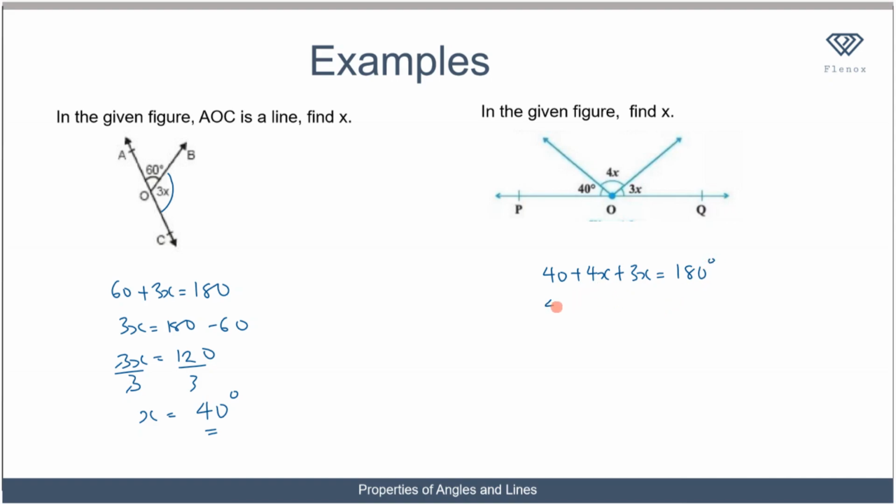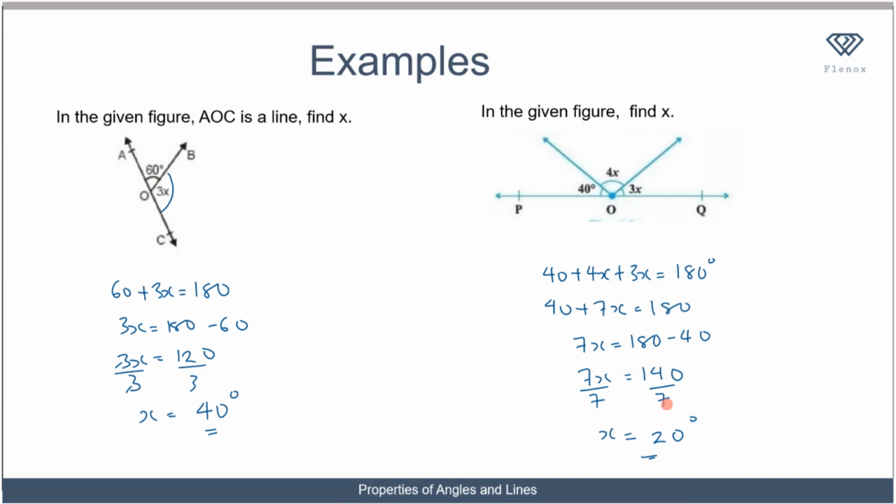So I have 40 plus 7x equal to 180. So 7x must be equal to 180 minus 40, and that gives me 7x equals 140. And when I divide both sides by 7, I have x equal to 20 degrees. So the value of x here is 20 degrees.